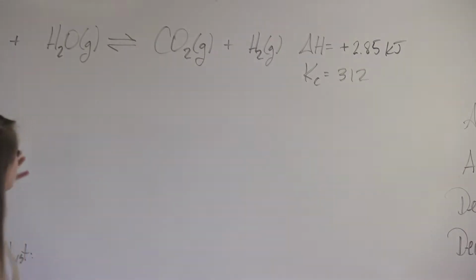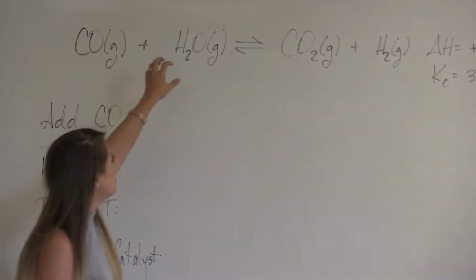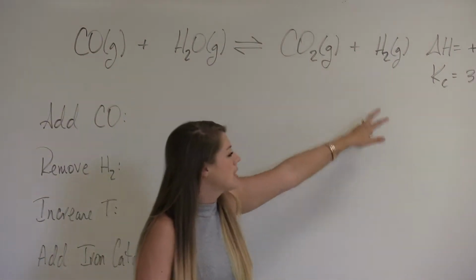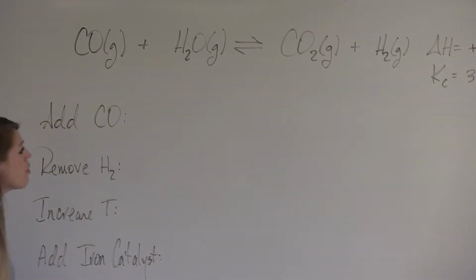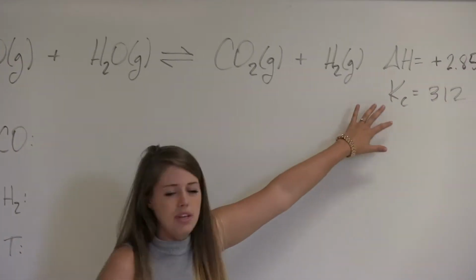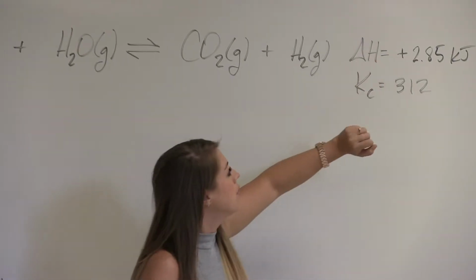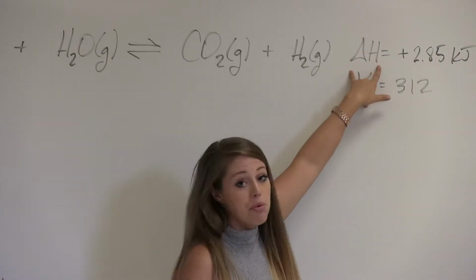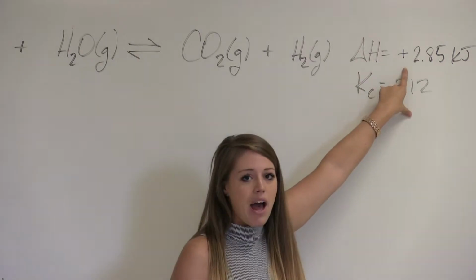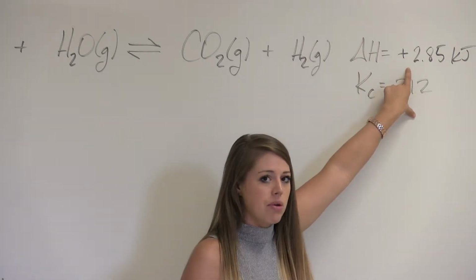So here on the board we have a reaction with carbon monoxide gas reacting with water to produce carbon dioxide and hydrogen gas. Over here I have the equilibrium expression value 312, and we've got our delta H value. If you look at your delta H value, the first thing we want to notice is that it's a positive value. So this is an endothermic reaction.